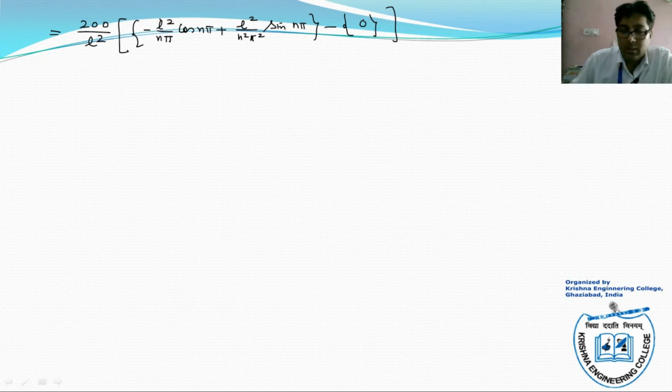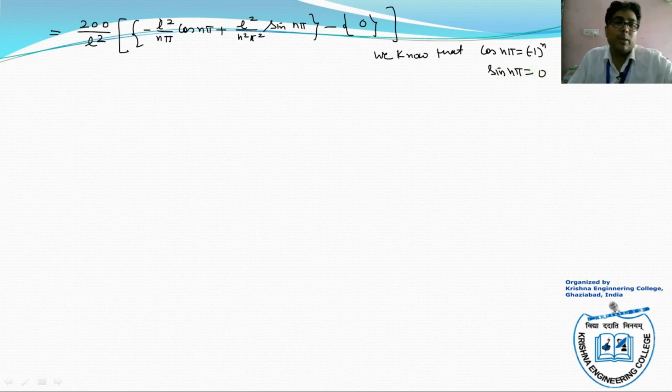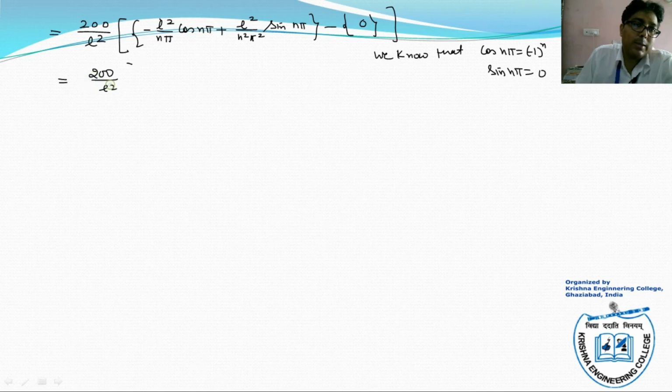We know that cos n pi is equal to minus 1 to the power n and sin n pi is equal to 0, for every value of n. So this becomes 200 upon L square minus L square upon n pi, the value of this is minus 1 to the power n, and the value of sin n pi we put as 0.